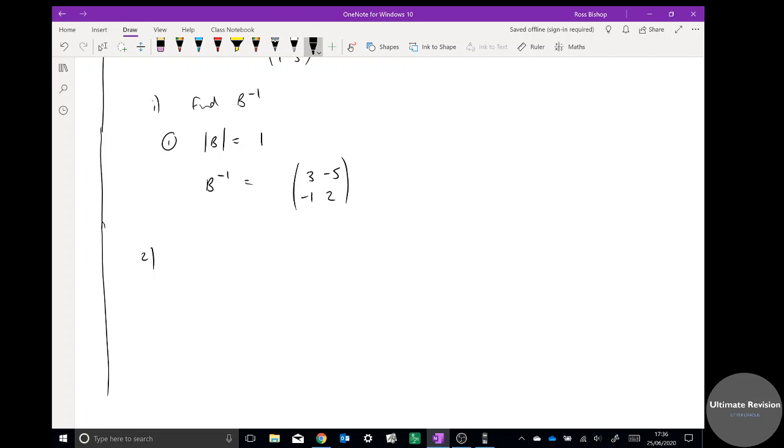Question 2. And you can use this to solve equations now. This is part 2, not separate. Find matrix A such that BAB equals the identity matrix, and we know what B is.